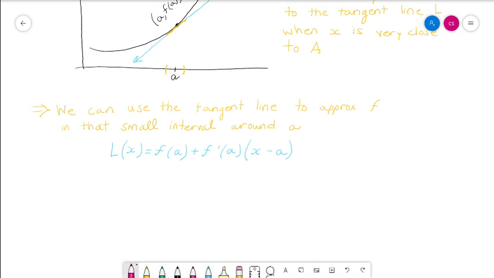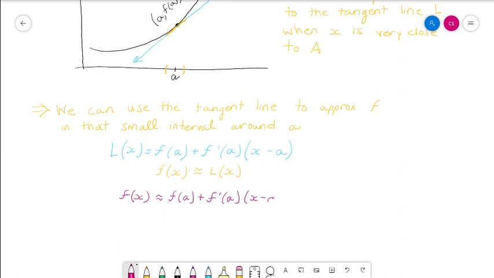And what we're saying is that f of x can be approximated by L. Remember, approximate is this swervy equal sign. So putting these two pieces together, we're saying that f of x can be approximated by f of a plus f prime of a times x minus a.